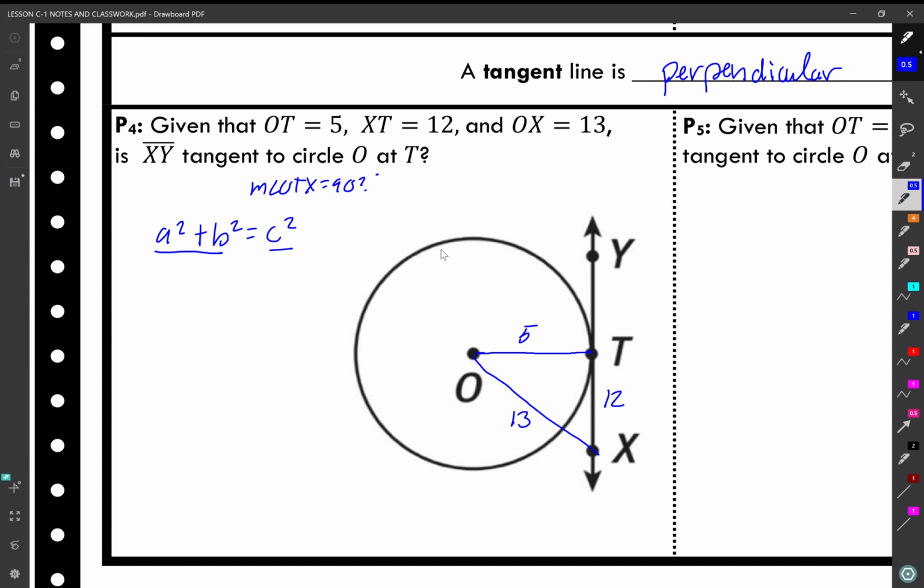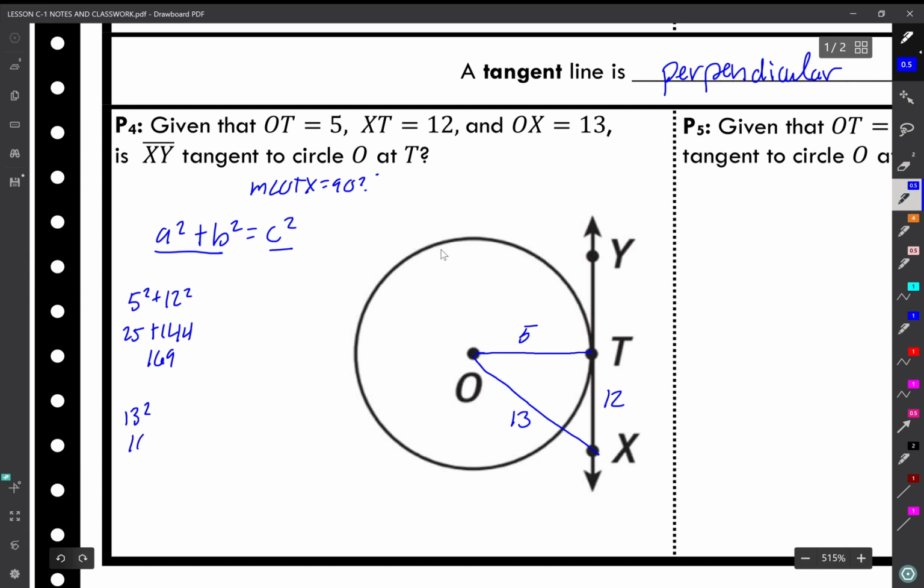Those are the 2 shorter ones. So we have 5 squared plus 12 squared, that's 25 plus 144, and that equals 169. Now we're going to check the 13 squared.